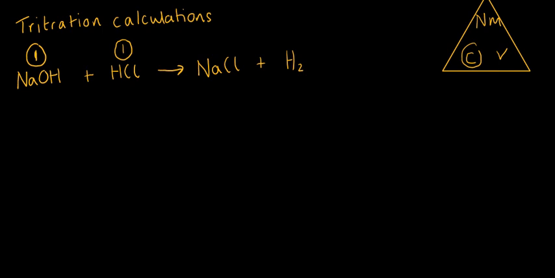Now, say I'm given a question where the volume of sodium hydroxide is, for example, 20 dm cubed. These are kind of unrealistic numbers, but we're going to go with them because they're simple. The concentration of sodium hydroxide is 2 moles per dm cubed, and the volume of hydrochloric acid is 5 dm cubed.